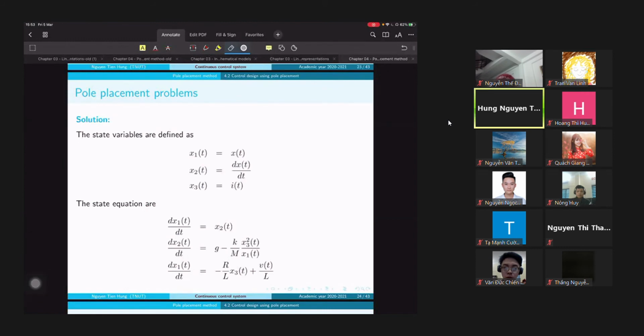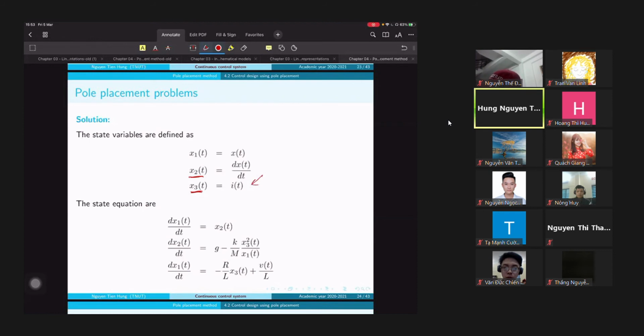The next is x2, which is dx over dt, meaning that this is the velocity. And x3 is the current. So we have three state variables.